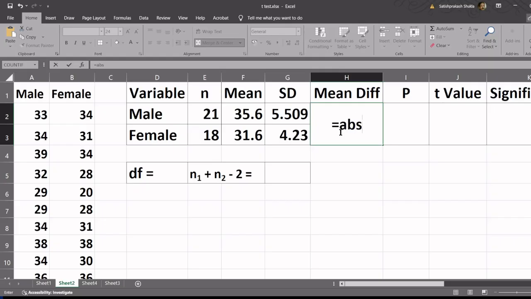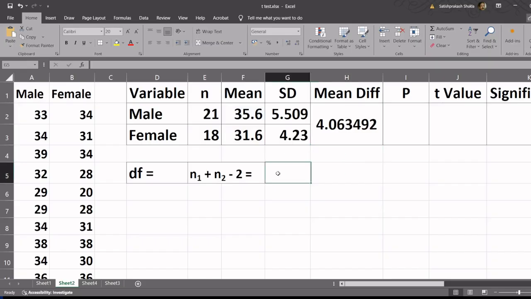ABS stands for absolute. It gives the positive difference between two means. After writing ABS and starting bracket, we will write F2, that is cell address of mean of male teachers, minus F3, that is cell address of mean of female teachers, and bracket over, enter key.